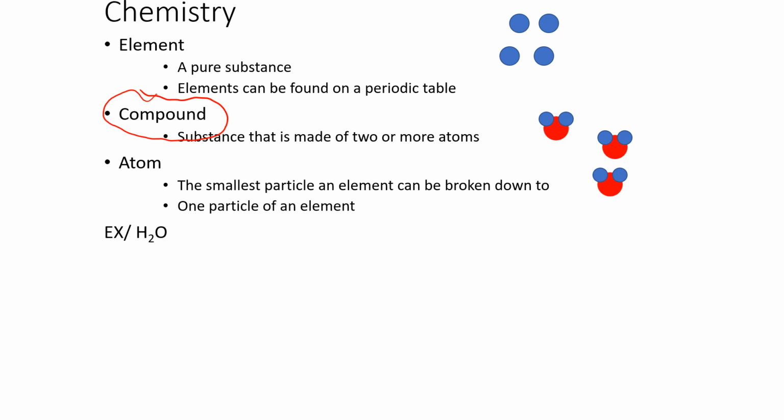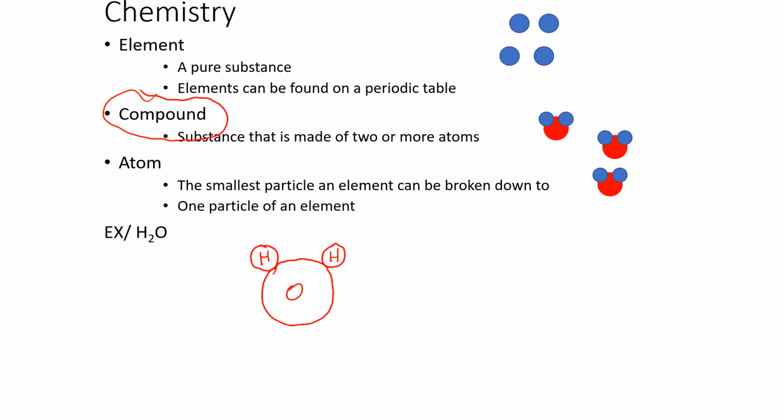Now, an atom is an element, but an atom is when you have one particle of an element, and that can be broken down into just one thing. So, for example, here's an example of water, H2O. H2O, which we know is water, is made up of two hydrogen atoms and then one oxygen atom.